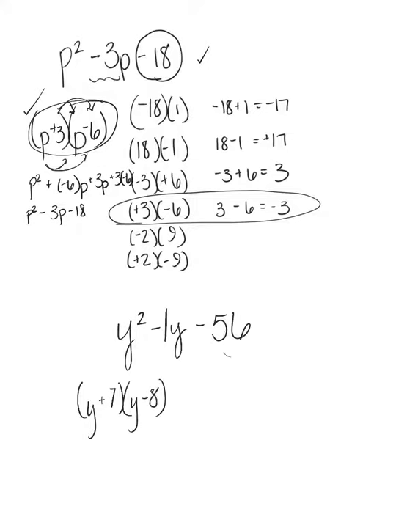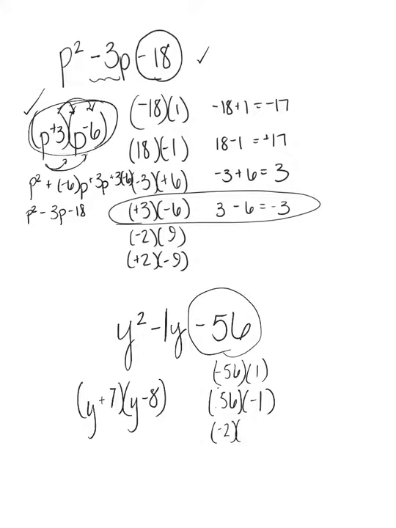Why this way? Well, remember that I'm looking for a negative 56. So I'm going to write out my factors, and I'm going to alternate which, oh gosh, I always do this. Don't make that mistake. 56, negative 1. And let's do negative 2 times 28.